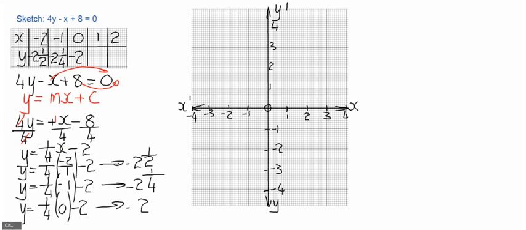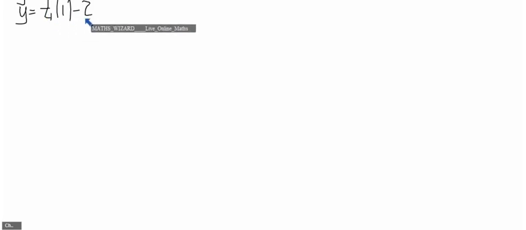Put it into the equation. 1/4 times 1 is 1/4, minus 2 will give me -1 and 3/4.